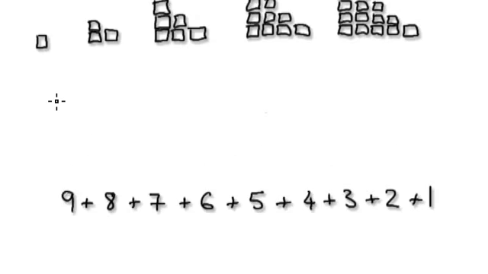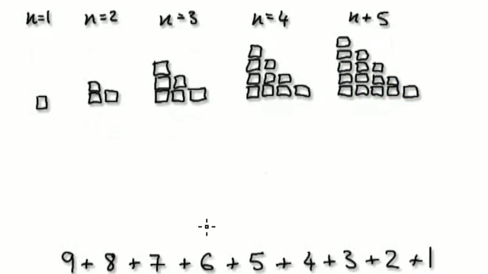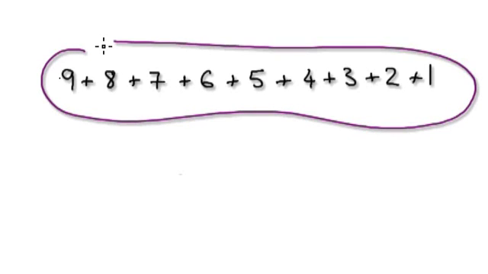So when you come to do, let's say 5 here, it really boils down to you getting 5 add 4 add 3 add 2 add 1, and so on. So when n equals 9, it really boils down to 9 plus 8 plus 7 and so on. How would you add up the whole thing here?